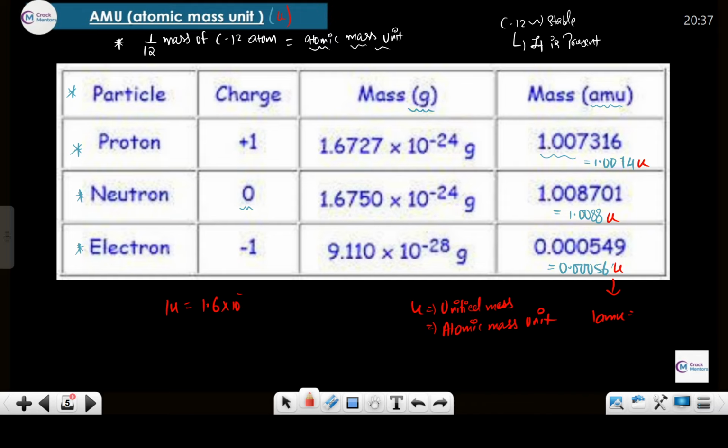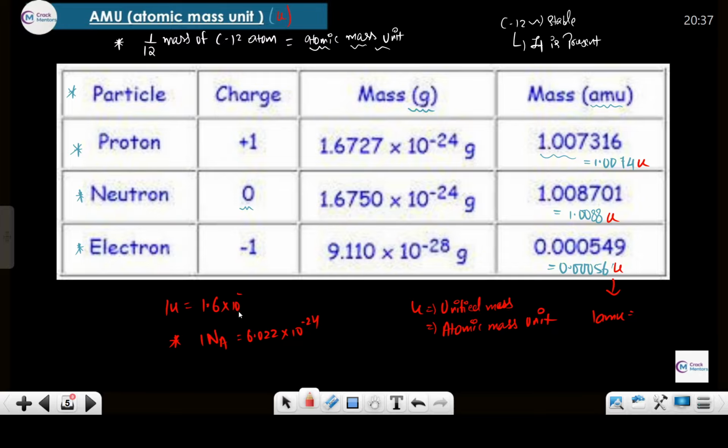Let me solve it properly. One Avogadro number has the value 6.022 into 10 to the power 23.